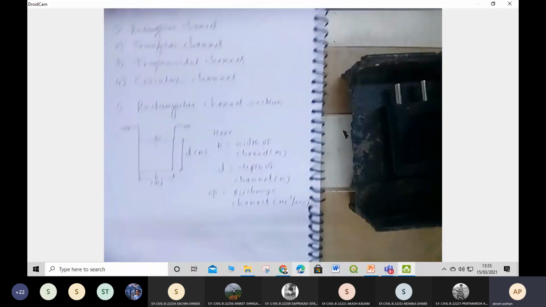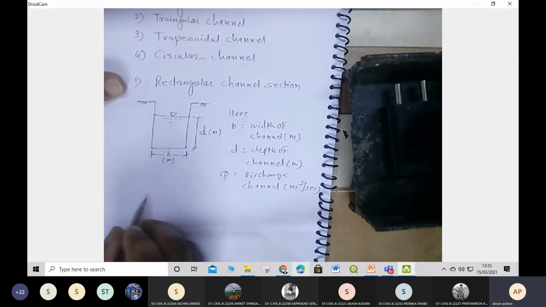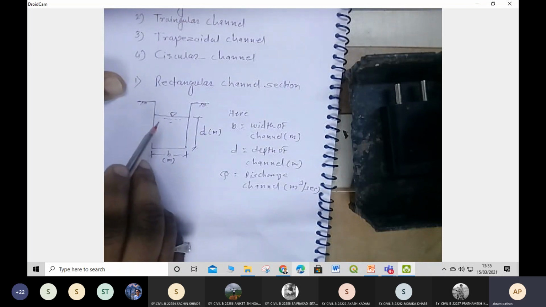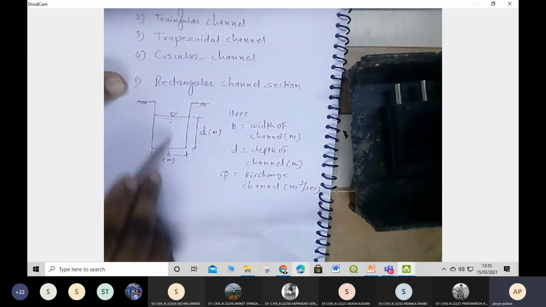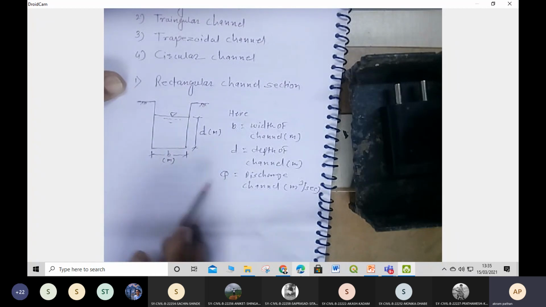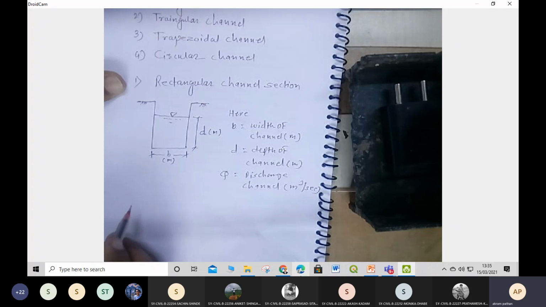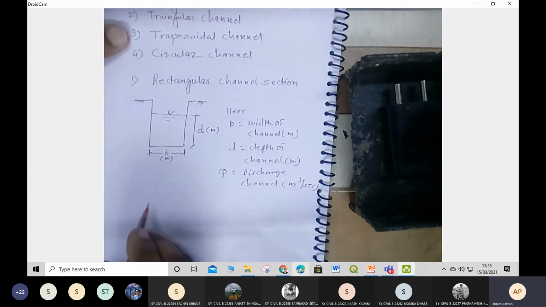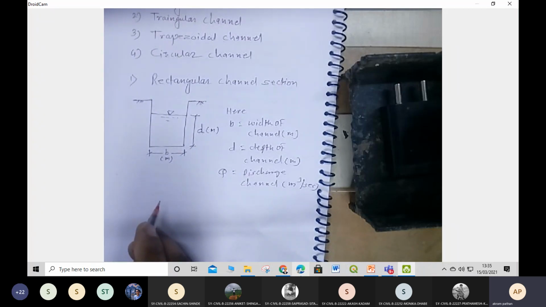Here we have a dam, and the water is flowing through this channel having dimensions b and d. We have to find out the discharge at any cross section of the channel. Let us understand one by one how to find the discharge in the open channel.